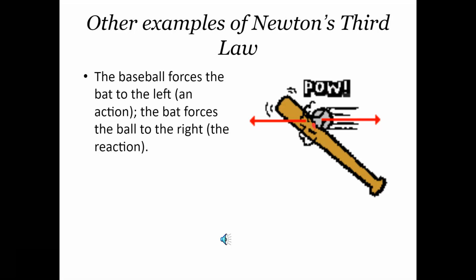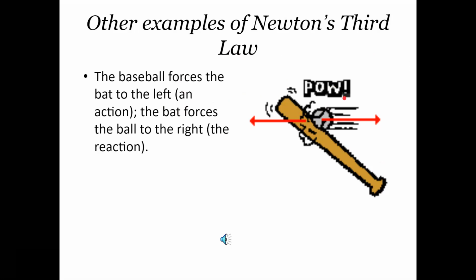Not only because the ball has a relatively low mass, but also because you're holding it in place, you're exerting a force of your own. But the ball, which is very light and doesn't have anything exerting other forces on it, zooms off into the field because of all of that force exerted by the bat.